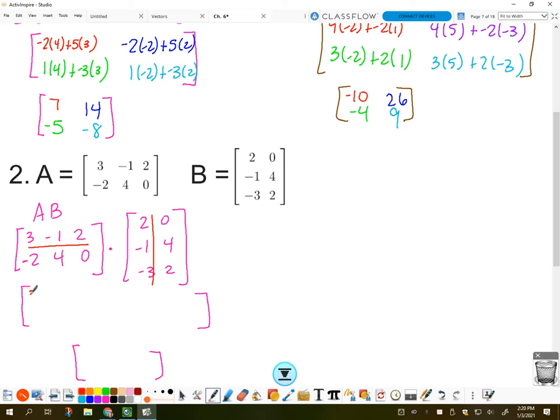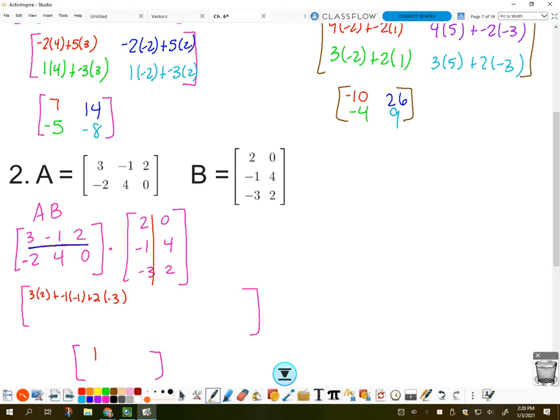So 3 times 2 plus negative 1 times negative 1 plus 2 times negative 3. Okay, so we're at 6 plus 1 minus 6, so 1.